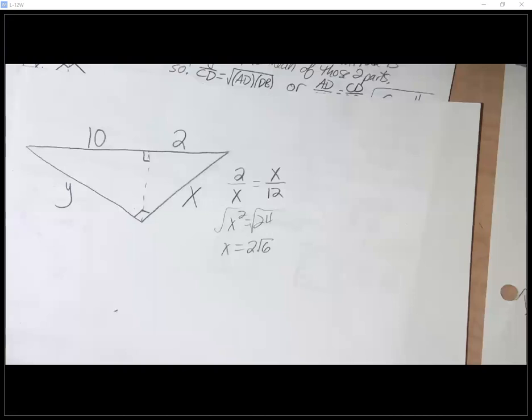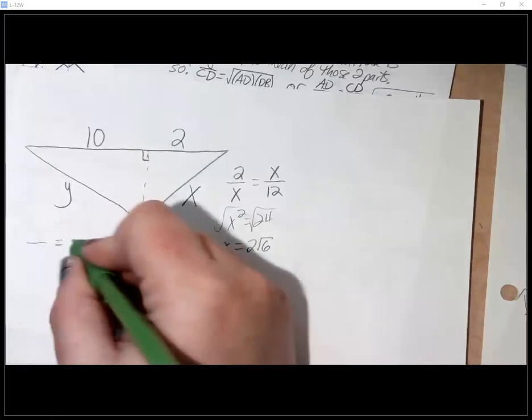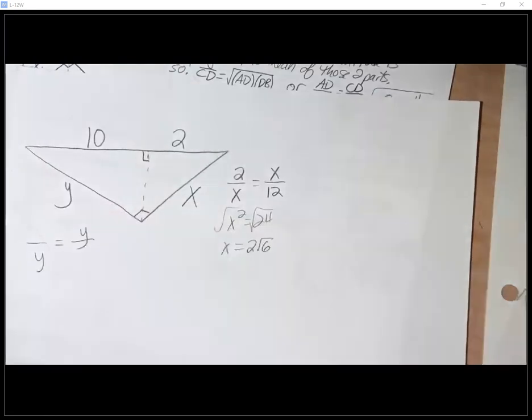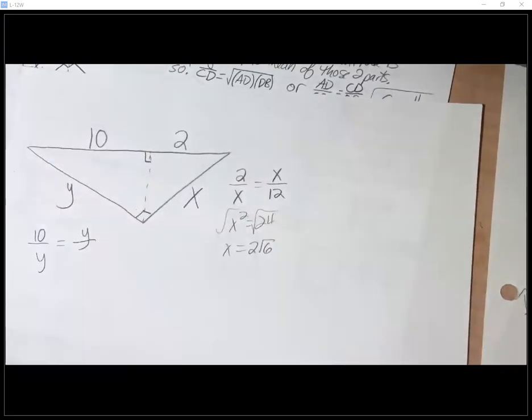How'd you do? So y is another leg of my original triangle, right? So y is going to be the geometric mean between the piece of the hypotenuse it's attached to, so that is 10, and the whole hypotenuse, which is 12.